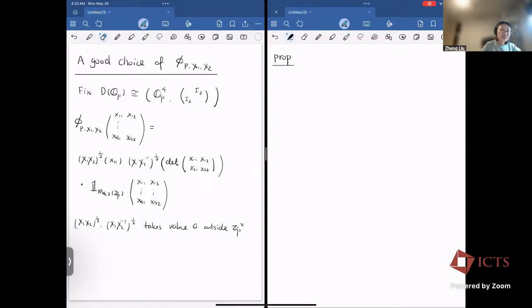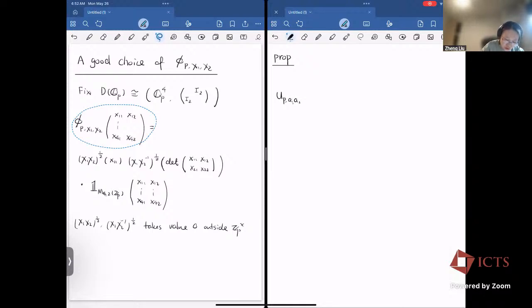The good property of this choice is that this section actually has a UP equivalence property. So if I apply the UP operators, this section can be acted on by both elements inside SP4 and O4, and so I can consider the UP operators from SP4 and the UP operators from O4, and under these actions it has an equivalence property.